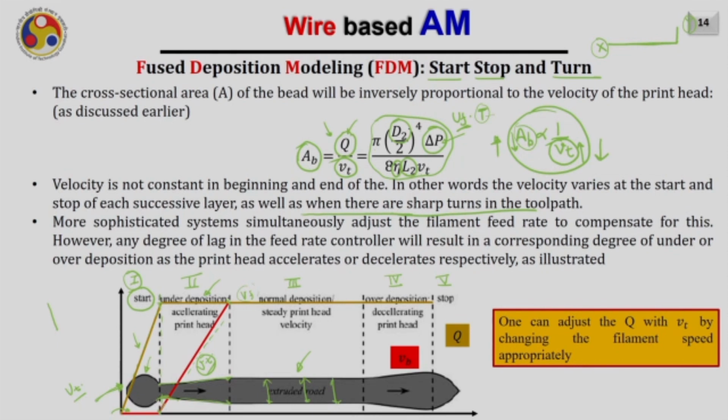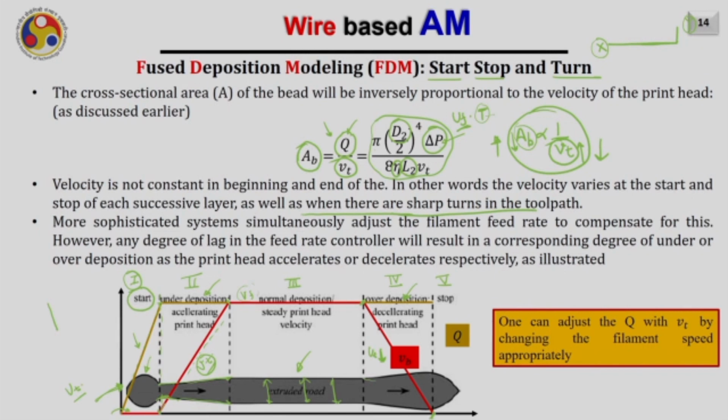So what is happening during the deceleration? The head will start coming down from this velocity Vt to 0, and hence Vt is now reducing. The head is basically decelerating. In that case, of course, the cross sectional area of the bead will keep on increasing, because your velocity is decreasing and the material is coming out at the same rate, right?